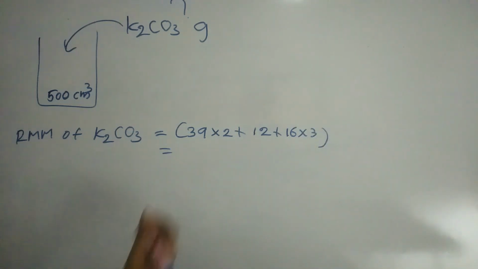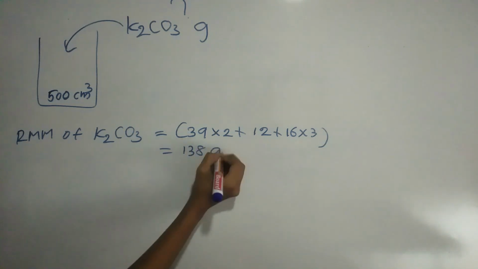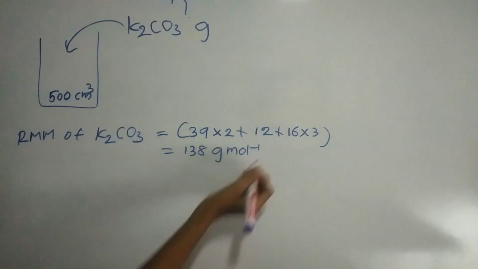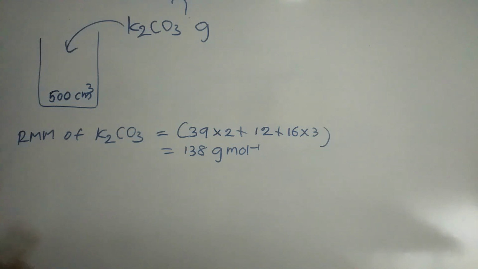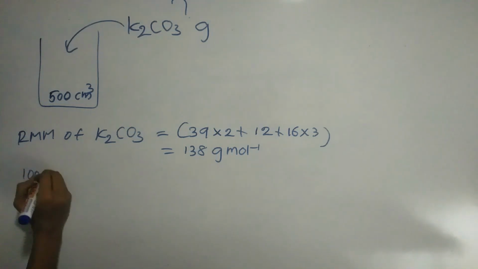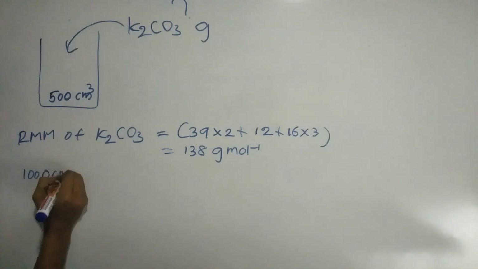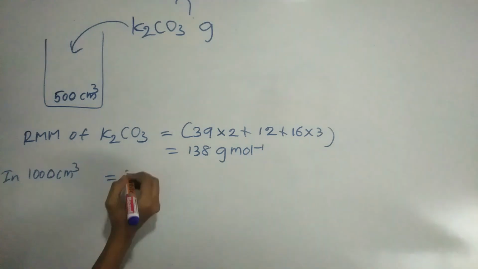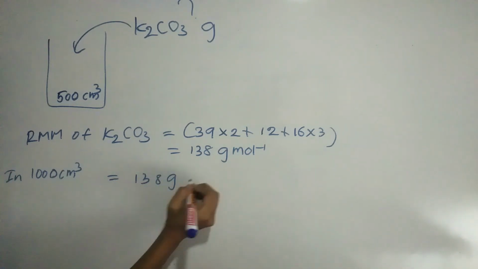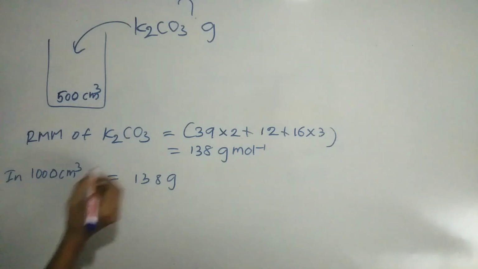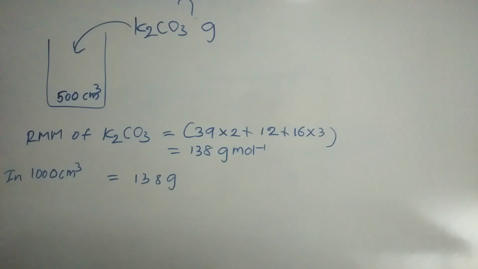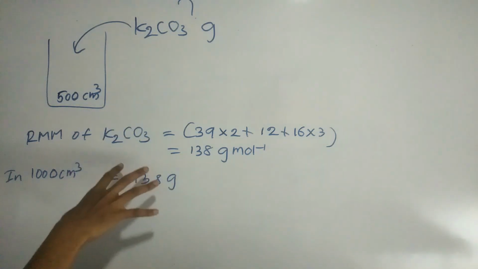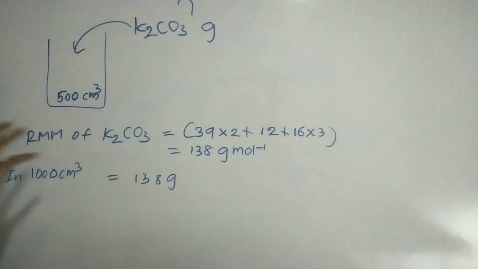When we calculate it, we get 138 grams per mole. That means in 1000 cubic centimeters, there is 138 grams of potassium carbonate.